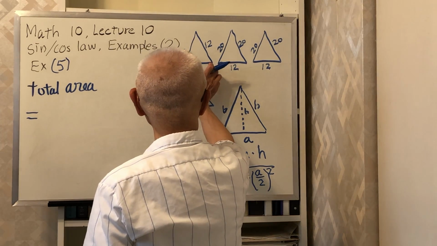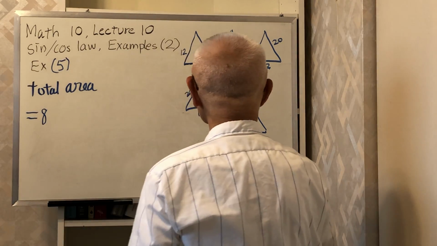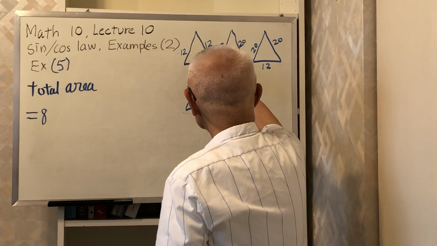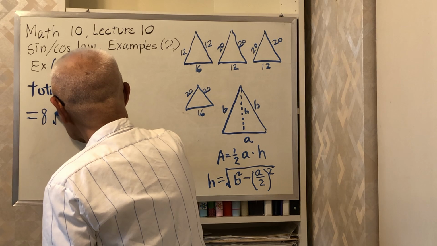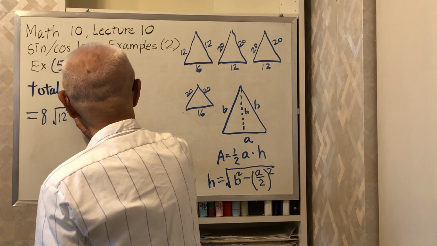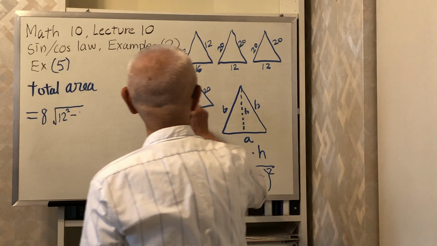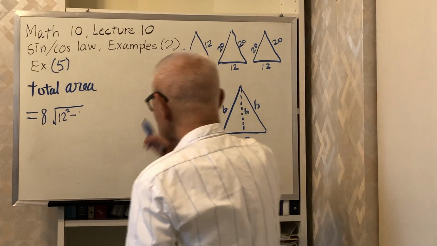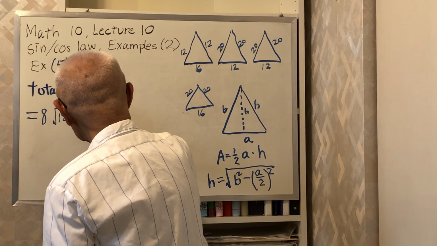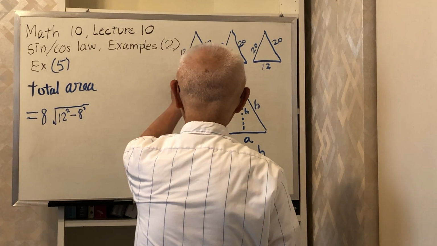So 1/2 of this is 8, times the height, which is the square root of 12 squared minus 8 squared, take square root, that's the height.